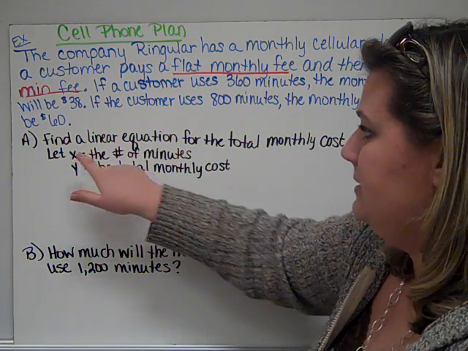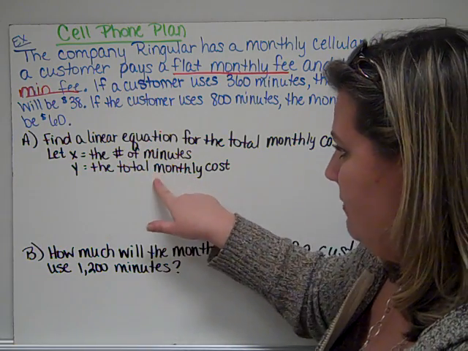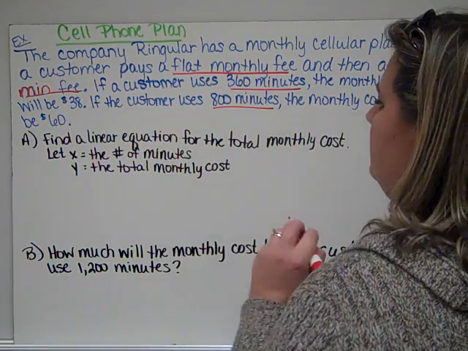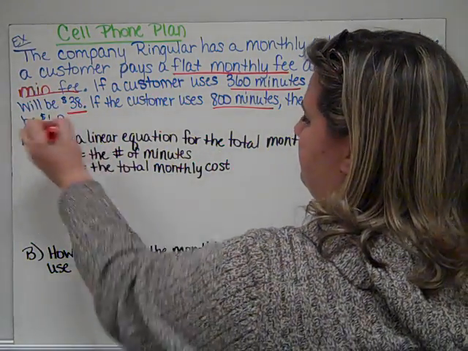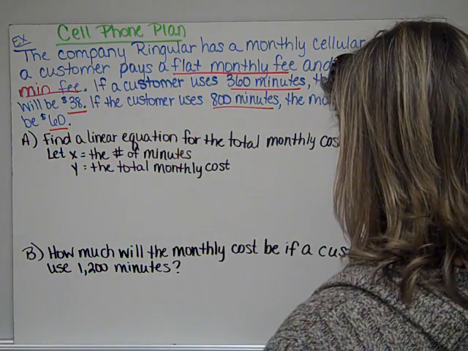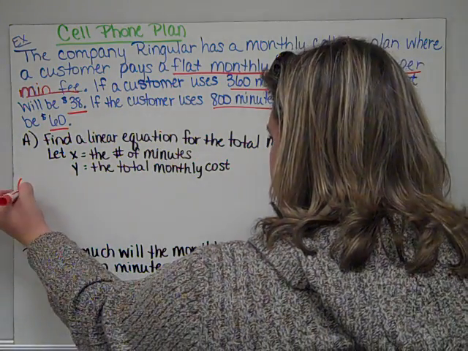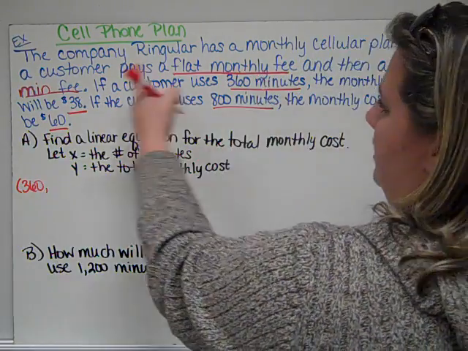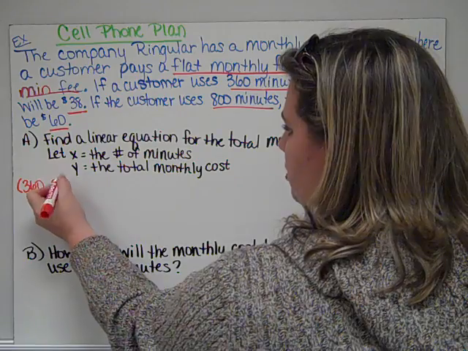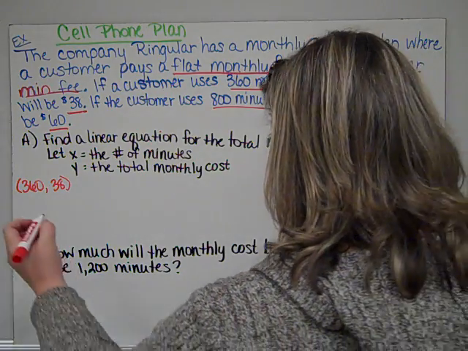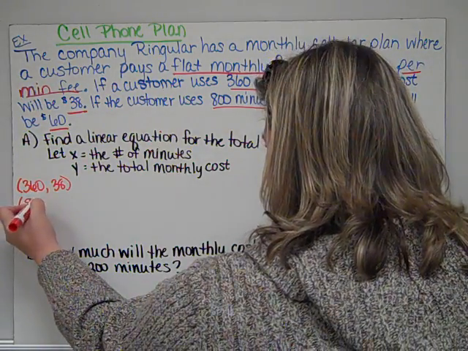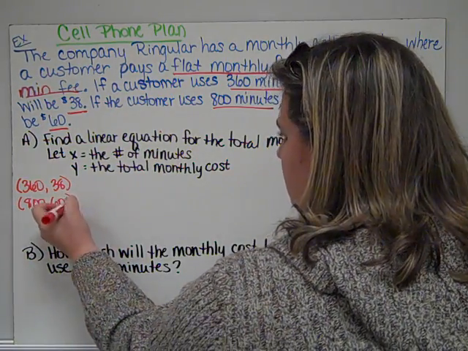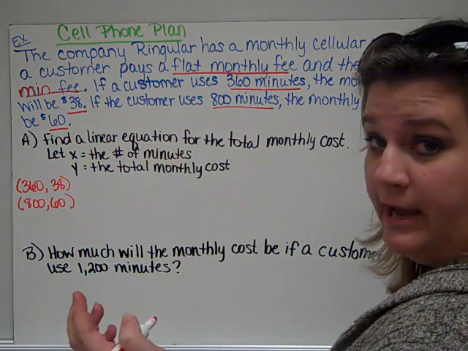If we let X equal the number of minutes and Y be the monthly cost, then for 360 minutes it cost $38, so there's my first ordered pair. For the other one, 800 minutes, it is $60. So here are my two ordered pairs.